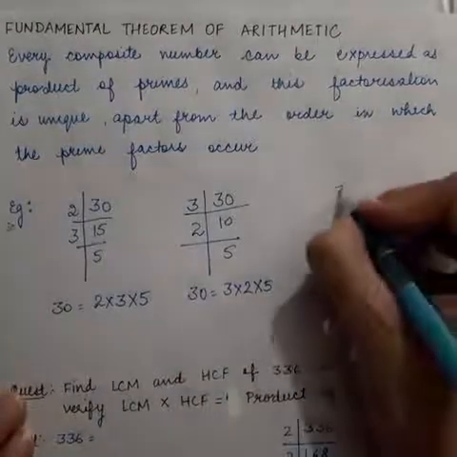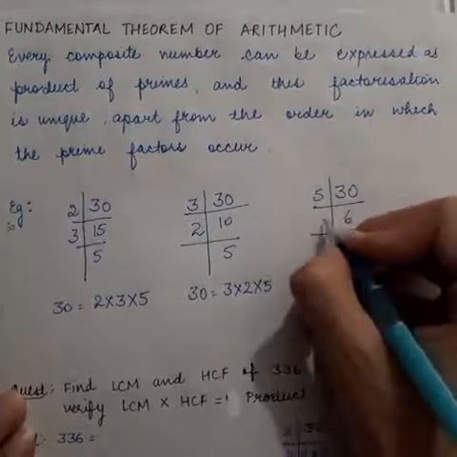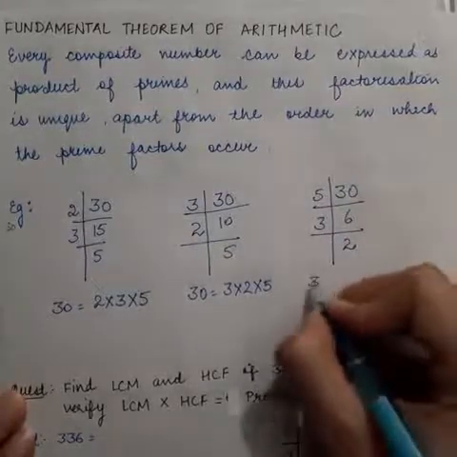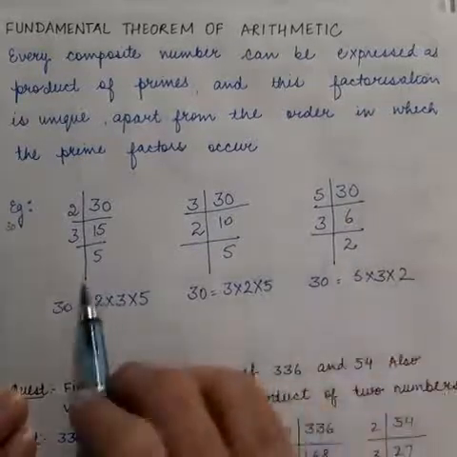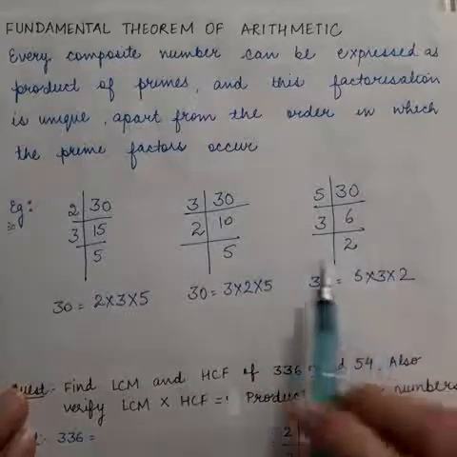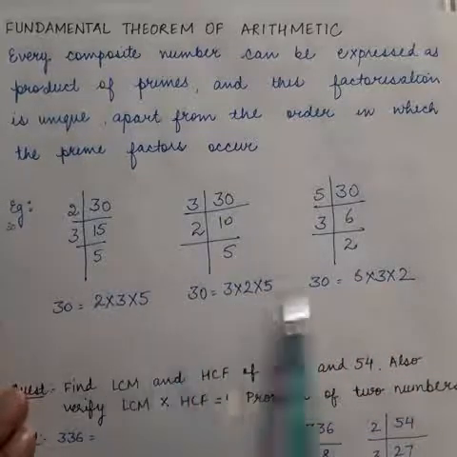Or some other child can start the factorization with 5 and write it this way. Herein 30 can be written as 5 into 3 into 2. No matter who is factorizing this number, we are always getting three factors, that is 2, 3 and 5, but their order varies.